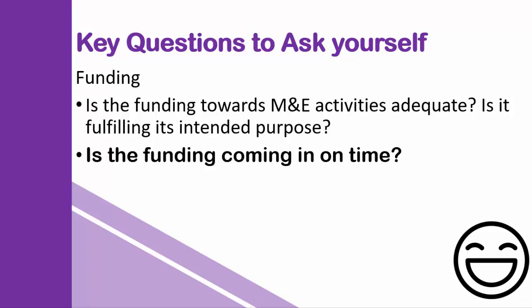So you have to be able, when this systems audit is going to tell you whether this funding is adequate and what are the implications of not having enough funding.